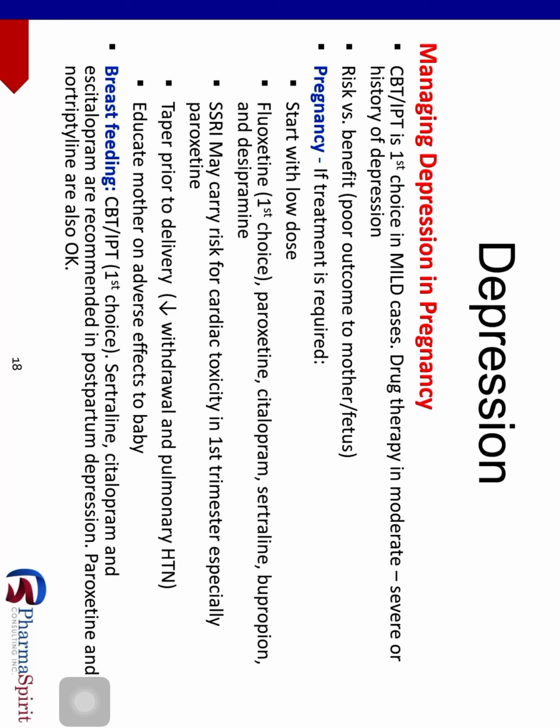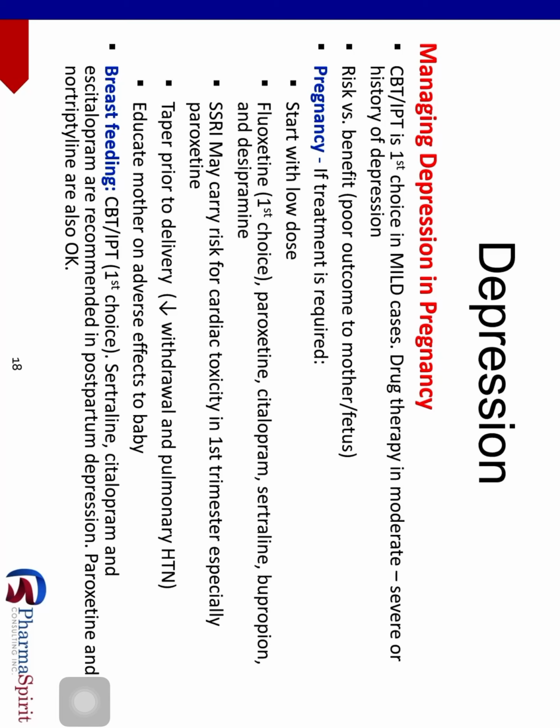Before starting pharmacotherapy, we need to carefully consider the risk to benefit ratio. Some of the potential risks are questionable, preterm birth, so there are some concerns about giving birth early. Some cardiac malformations, especially with paroxetine during the first trimester. In the third trimester, there is also an increased risk of pulmonary hypertension.